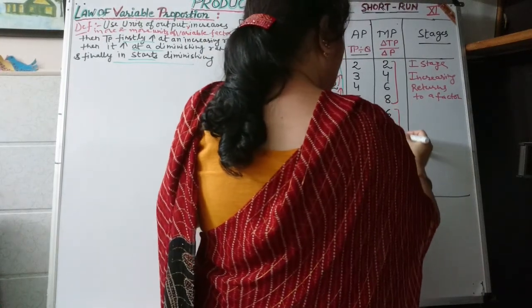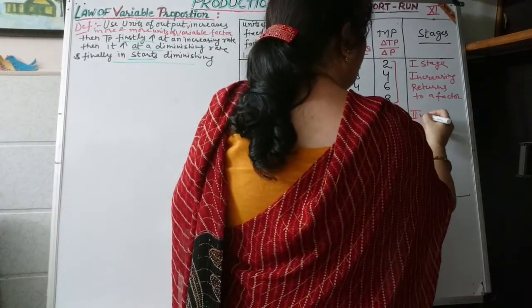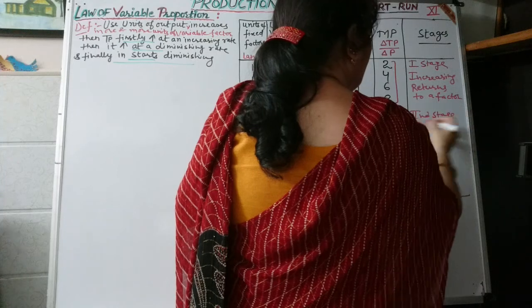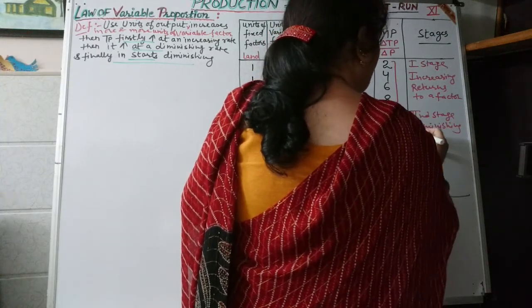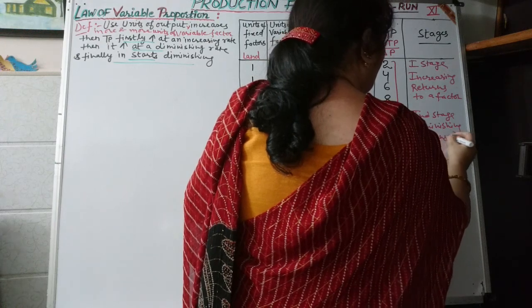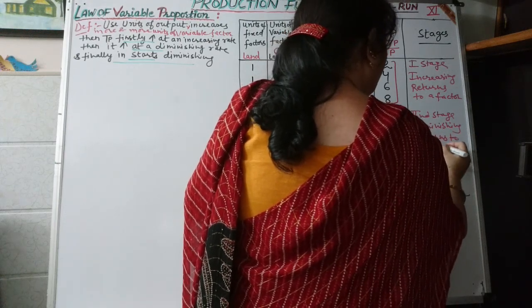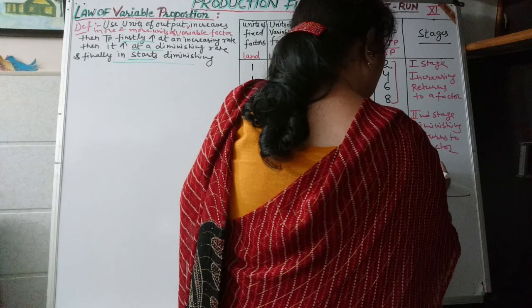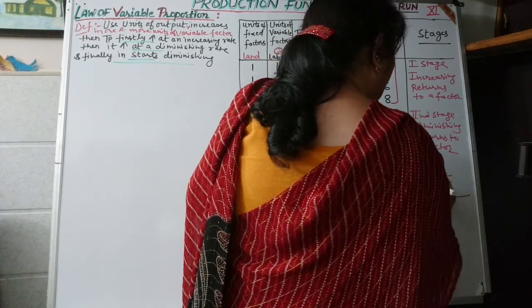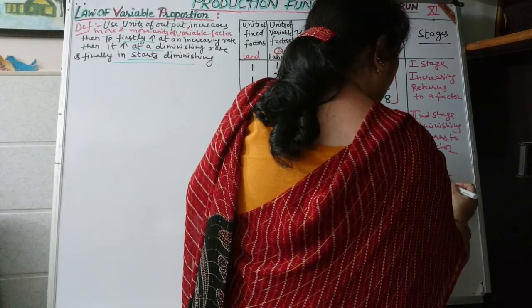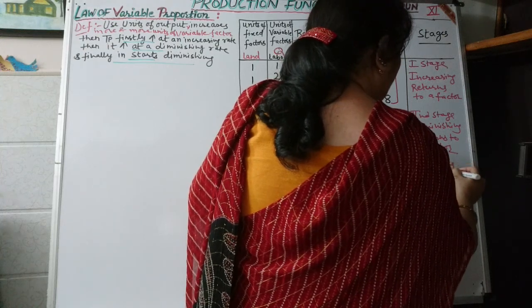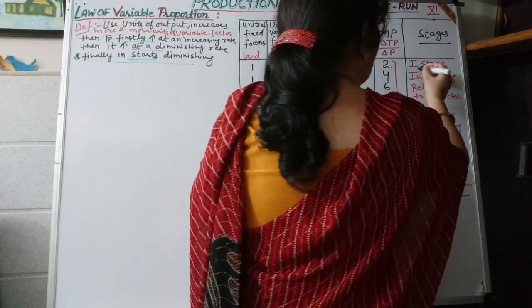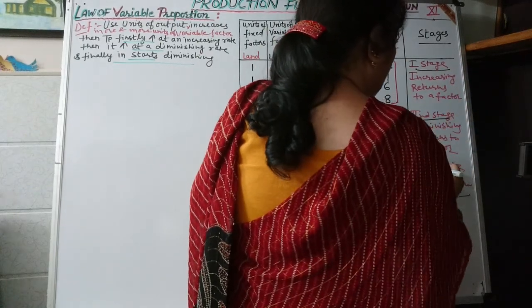This is the second stage, which represents diminishing returns to a factor, and ultimately zero or negative returns. This is the third stage of production. First stage, second stage, third stage.